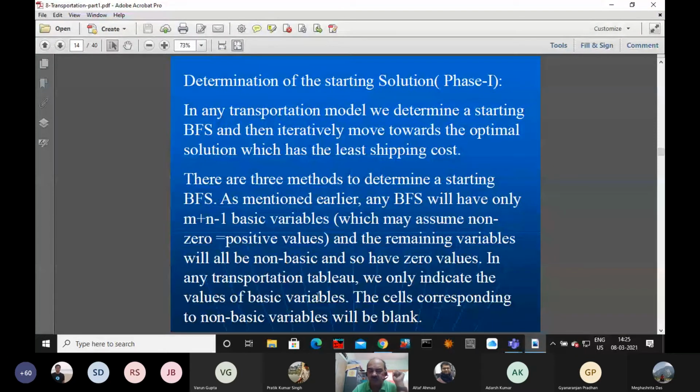In any transportation table, we only indicate the values of the basic variables. All the non-basic variables are zero by default. The cells corresponding to the non-basic variables simply remain blank, and when there is a value, we mention it. If nothing is mentioned, the cell is blank and the value is zero.